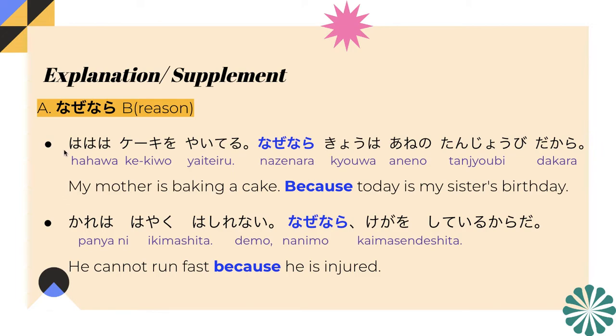To say this in Japanese, it would be 母はケーキを焼いている。なぜなら今日は姉の誕生日だから。 So, this would be phrase A, and then this would be phrase B, which is stating the reason.